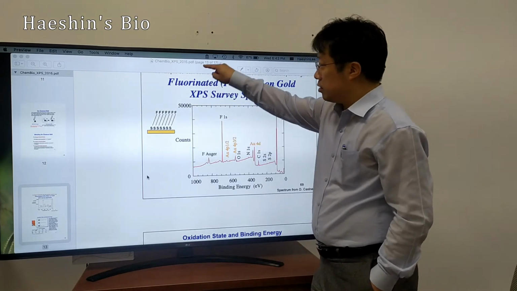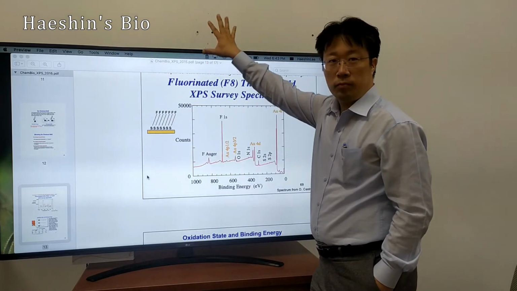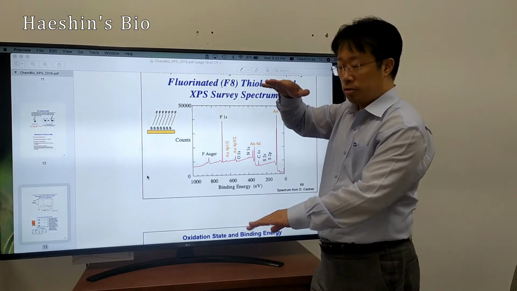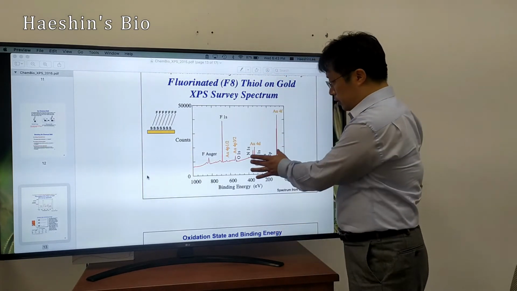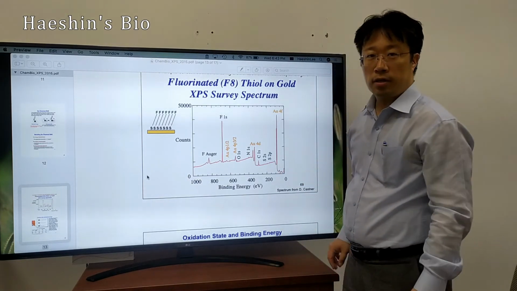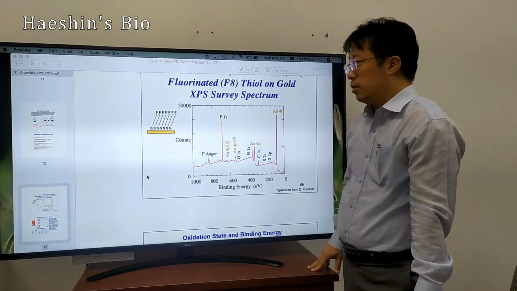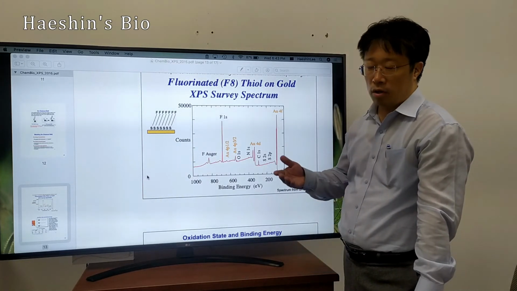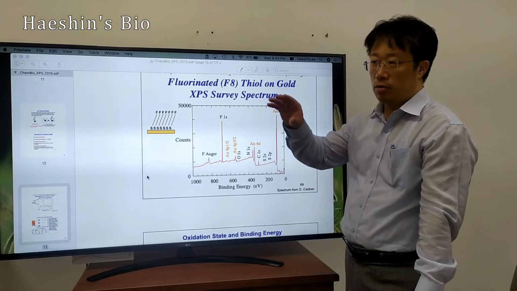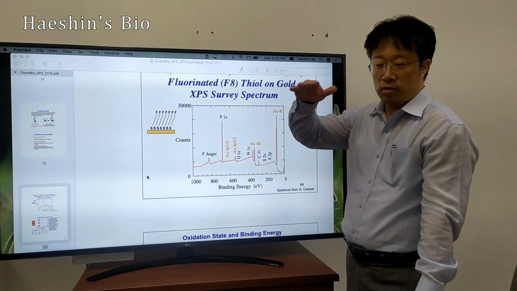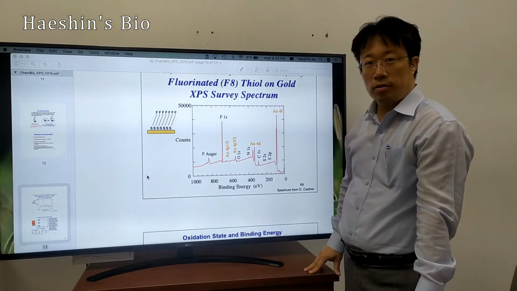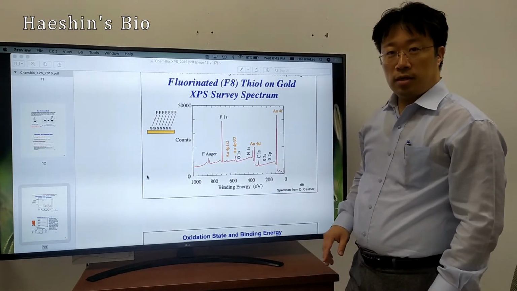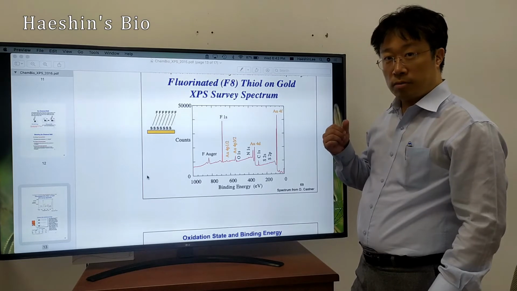If this chain is much longer, so that the overall thickness is more than 20 nanometers, then you should not see this gold peak. So this is a good way, semi-quantitatively speaking, to see the thickness of proteins on the surfaces. If it's too thick, then you should not see the XPS signals from the substrate.